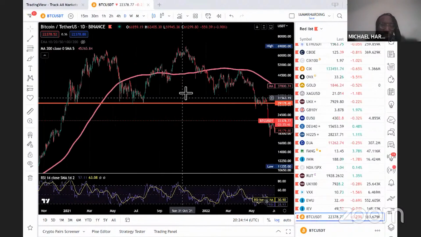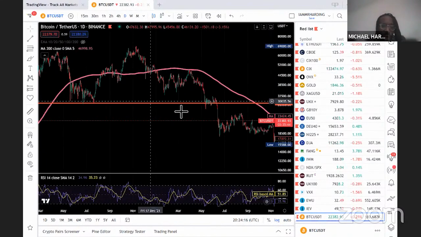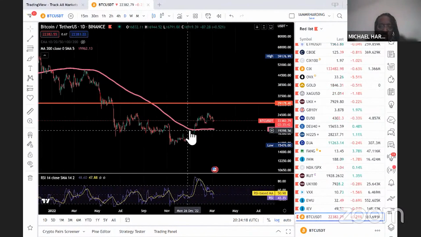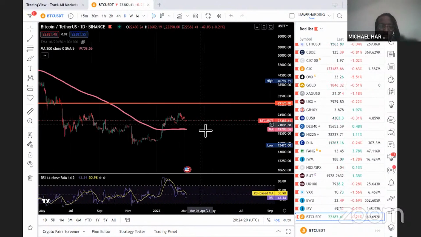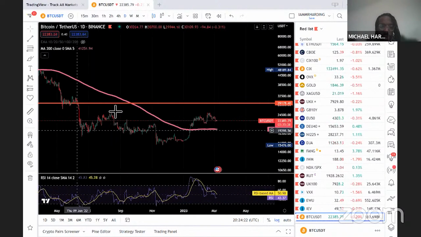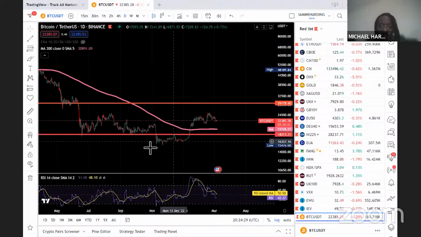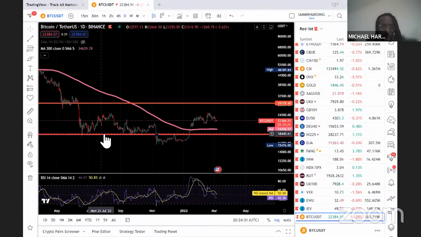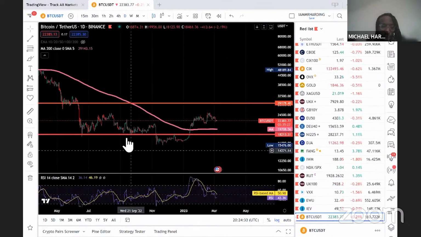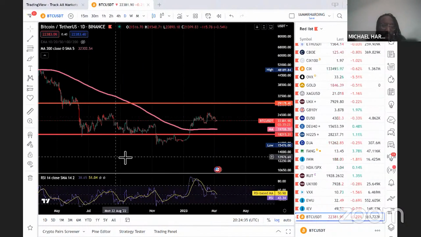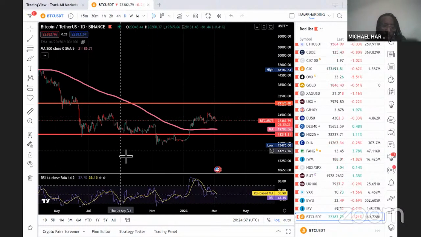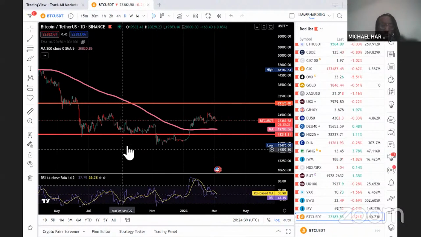The major support that we've had here for a while was this 29K level. But now we're in a brand new place. Bitcoin's all the way down here, and look at this beautiful support that's just here at 18,000. Can you see it? It's a clear level that whenever it gets there, there's some whale going in and dumping a load of money to keep the price where they want it.